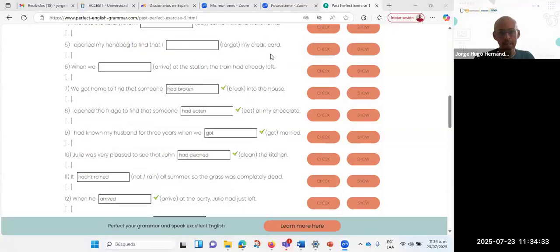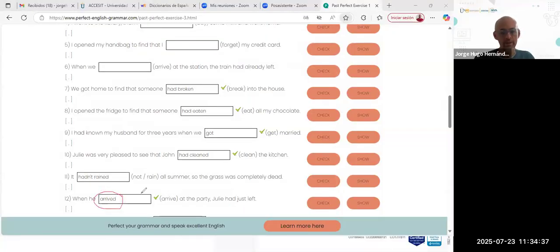In English, we use arrived para llegar a un lugar, ¿no? But it depends on the place. Depende del lugar al cual lleguemos, utilizaremos una preposición como esta. In this case, arrive at the party, no? At the party.